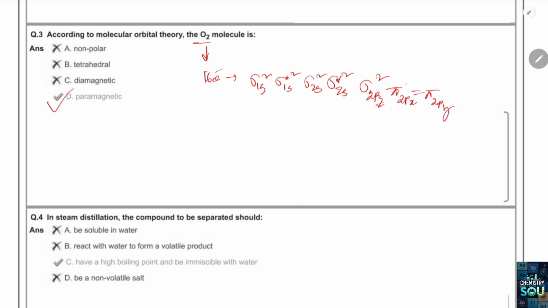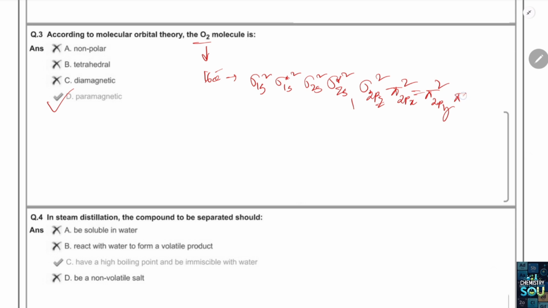According to the molecular orbital theory, the oxygen molecule is paramagnetic. Why? Because this has 16 electrons. If we write the electronic configuration of oxygen, it is sigma 1s2, sigma star 1s2, sigma 2s2, sigma star 2s2, sigma 2pz2, then pi 2px equals pi 2py, with 2 each, so the total number of electrons is 14.